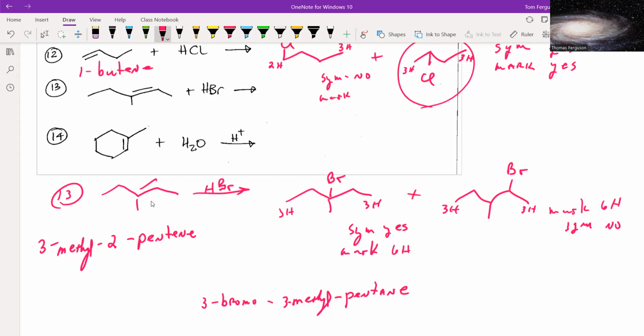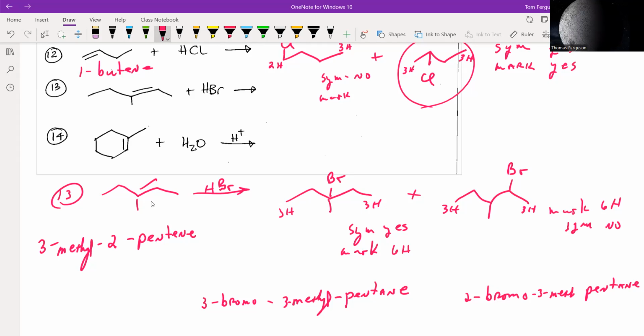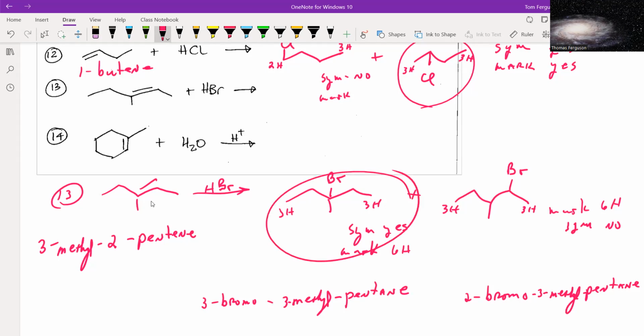And this one's going to be a 2-bromo, methyl. Okay. All right, we have one more to go.